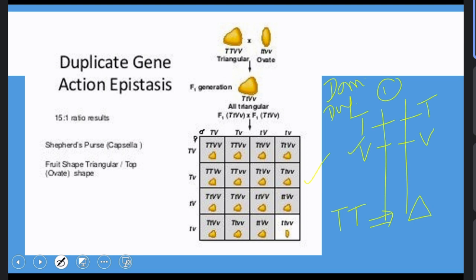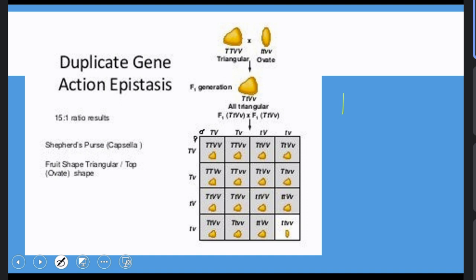And to their astonishment, as all the 15 are said to be triangular, the second locus also produces the same effect. It also produces the triangular shaped fruits. Thus, in all the possible combinations of genes, capital T, capital V, it is triangular.